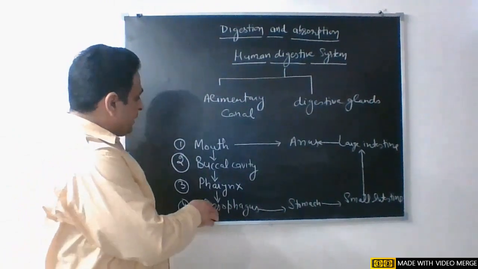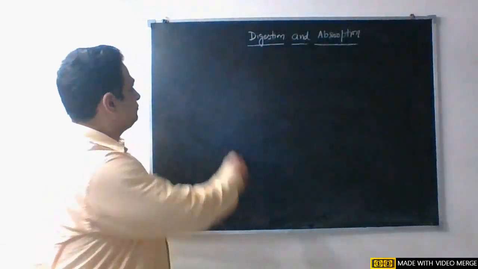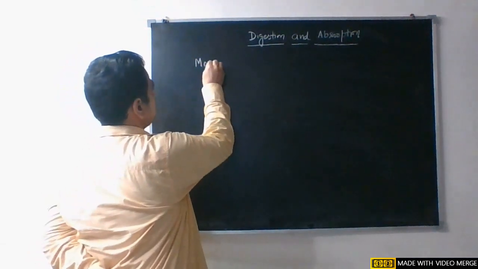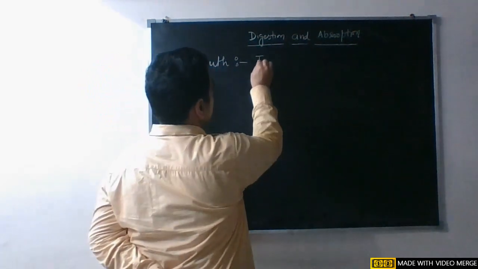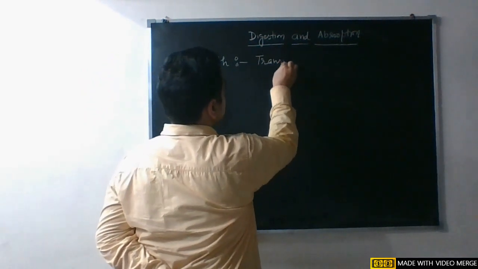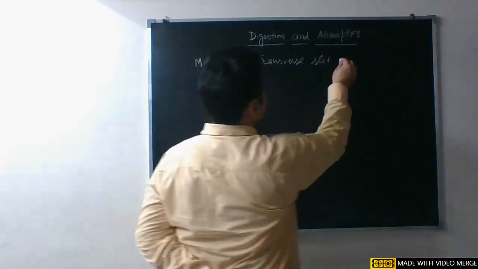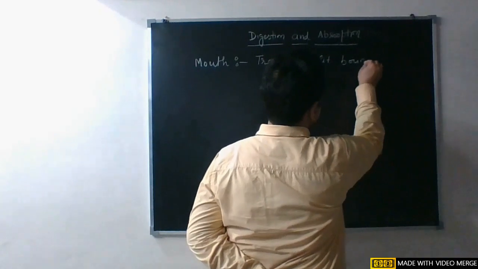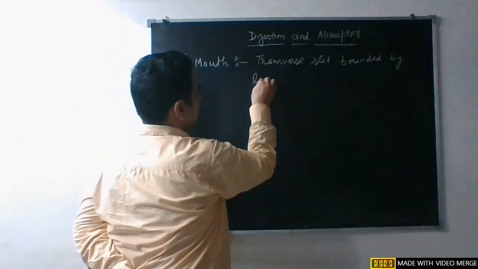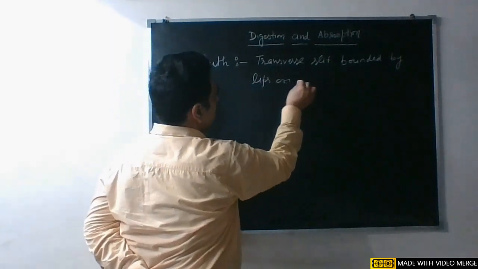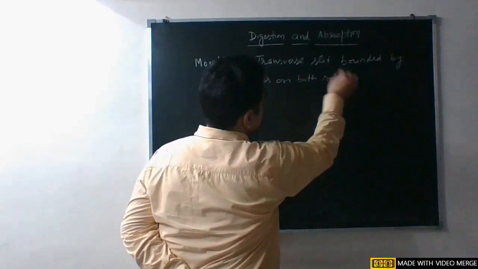So we will discuss, students, all these parts one by one. Let's start with the mouth. Mouth is a transverse slit bounded by lips on both sides.